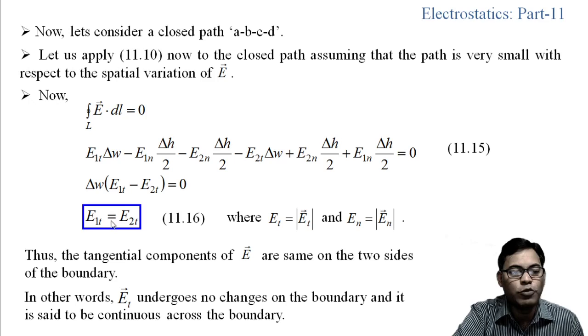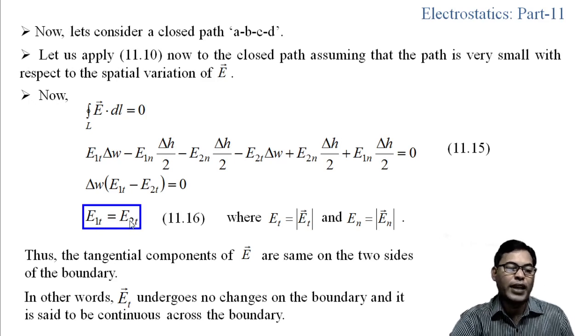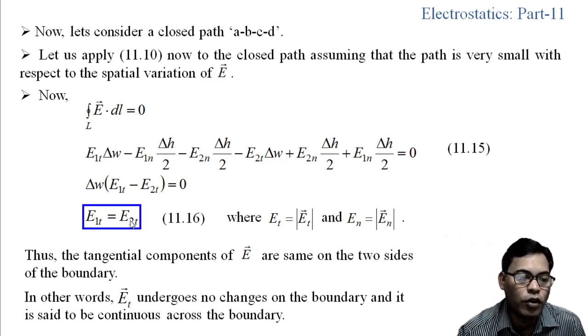So E1t is actually the magnitude, and En is obviously the magnitude of the En vector. So E1t equals E2t; these are the magnitudes of the vectors E1t and E2t.